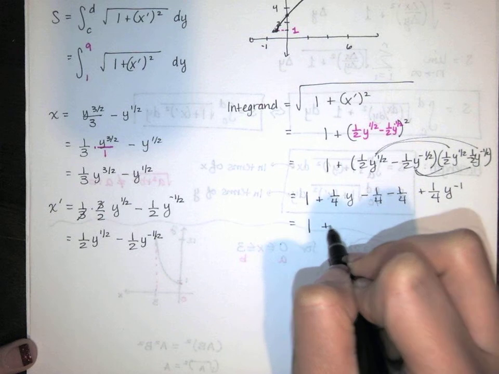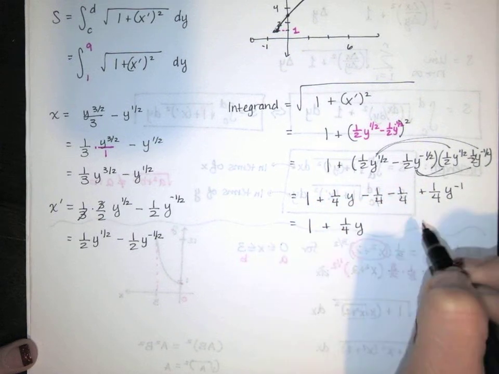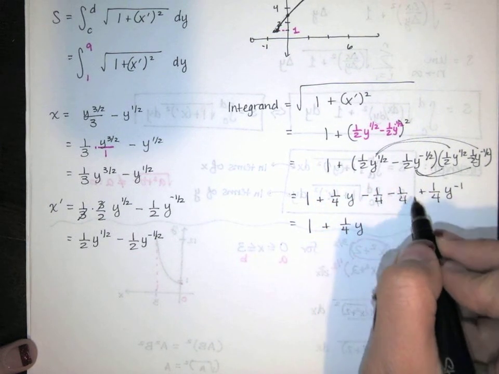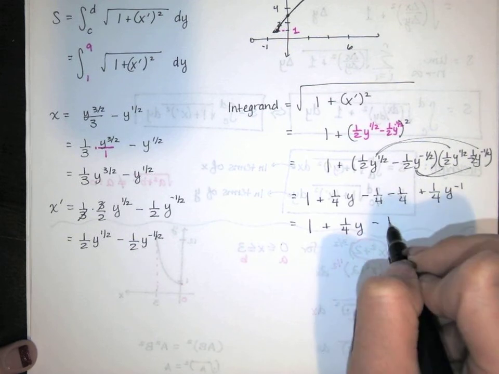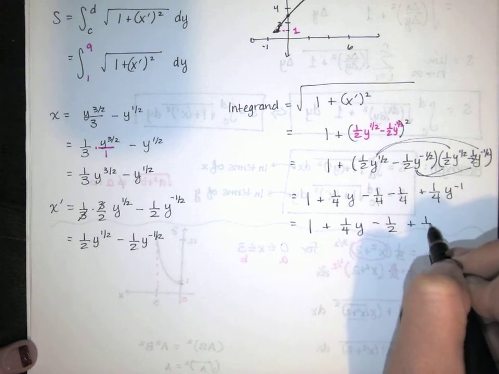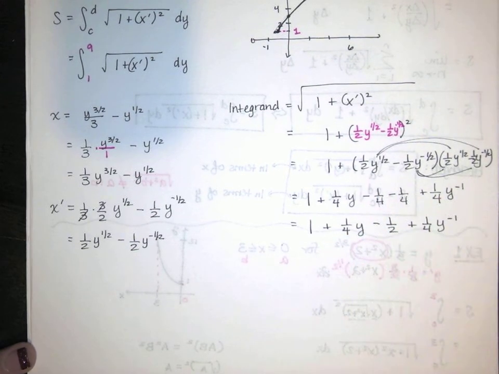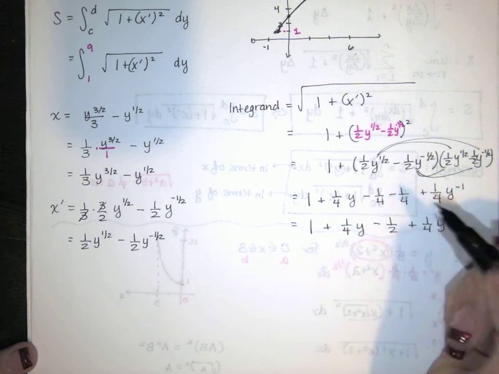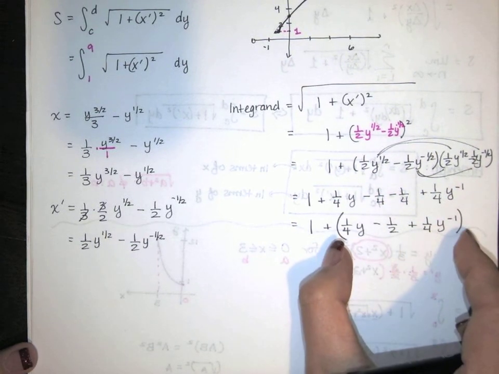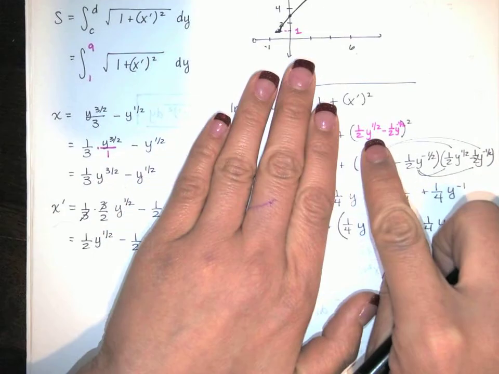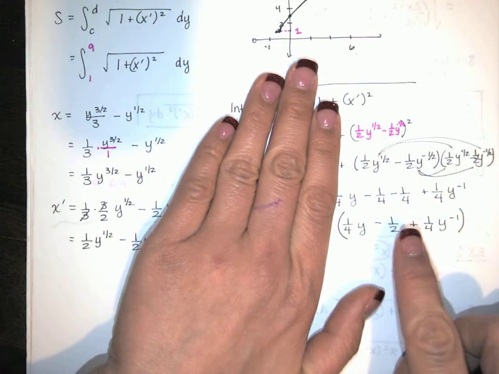Now I want you to see something here. Watch this. The negative 1/4 minus 1/4 is negative 2/4, or negative 1/2. So before we go any further, I just want you to see this quantity in parentheses. That's just x prime squared.